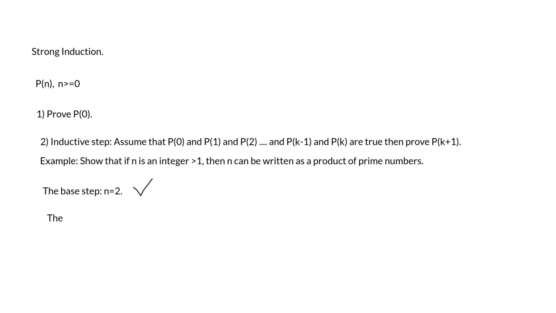Now we go to the inductive step. The inductive step, now we want to assume that we have the statement for all of the numbers less than and equal to k. Therefore, we assume that 2, 3, 4, all the way to some k can be written as product of primes.